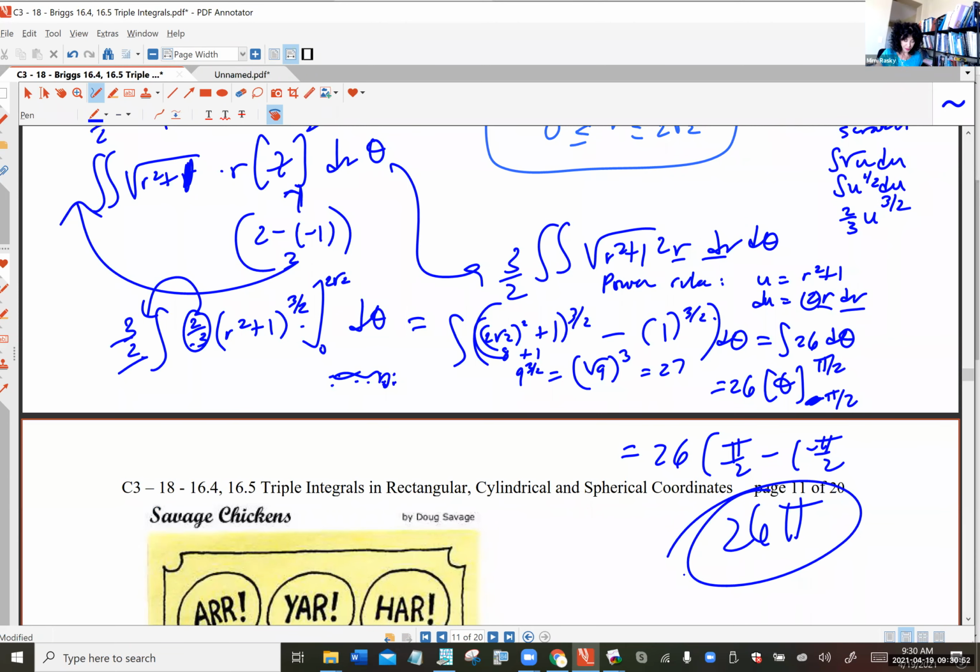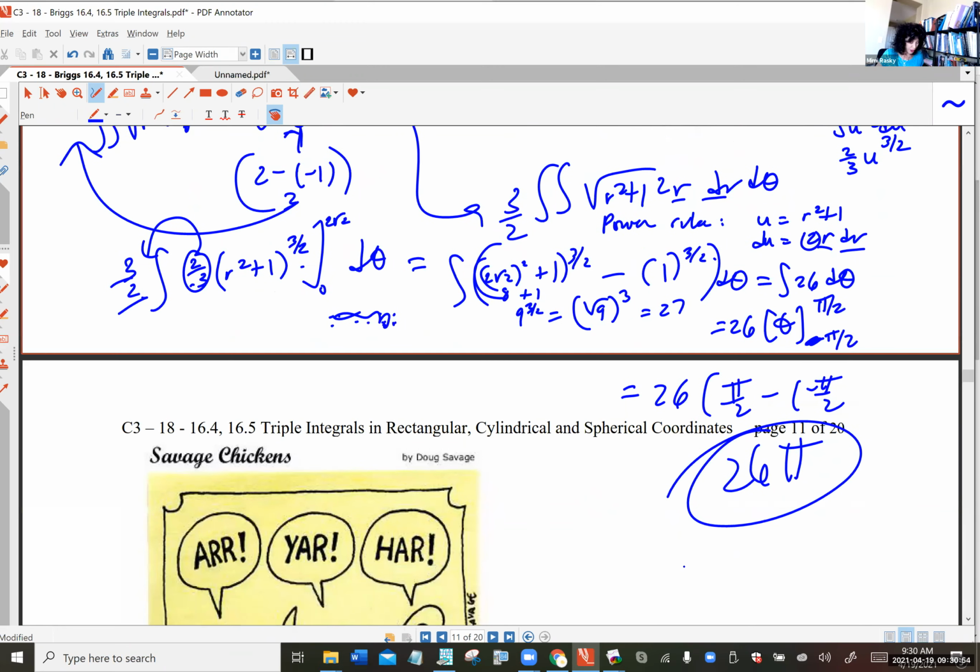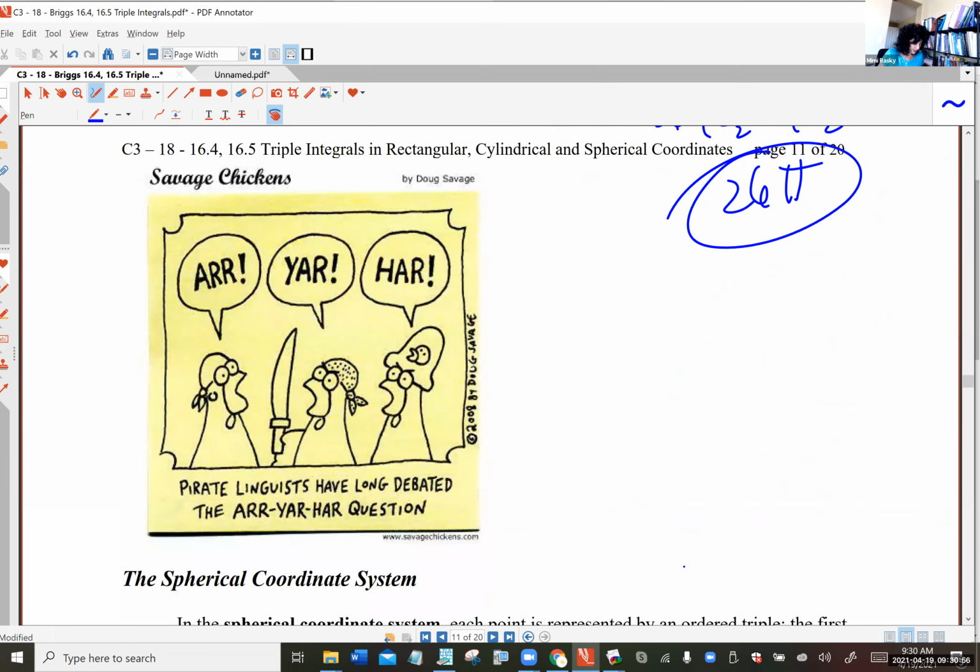Okay. So another meme for you. If you're going to be a pirate, the question is, should you say "ar" or should you say "yar"? Or maybe "har"? I don't know. All three are good.